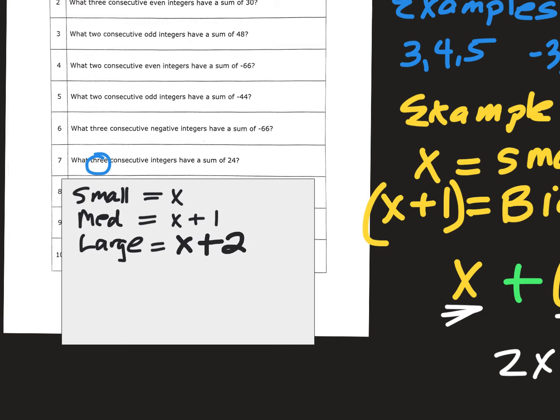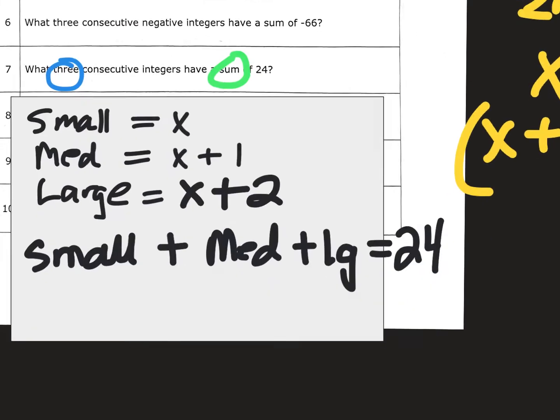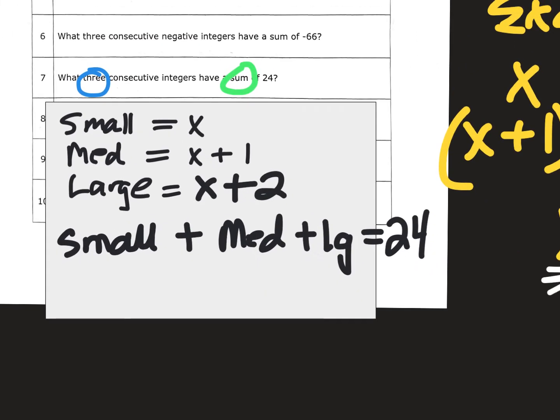Because now we have 3 numbers. Still doing the same thing, though. It says that they have a sum, so you're going to add all 3 of those numbers together. So you'll literally do your small plus your medium plus your large is all equal to 24, according to the problem. So what am I going to replace that small with, algebraically speaking? I'm just going to replace it with an X, because that's my smallest, right?